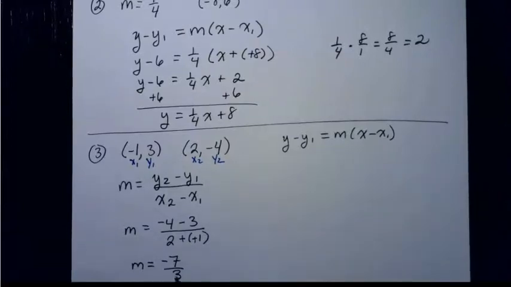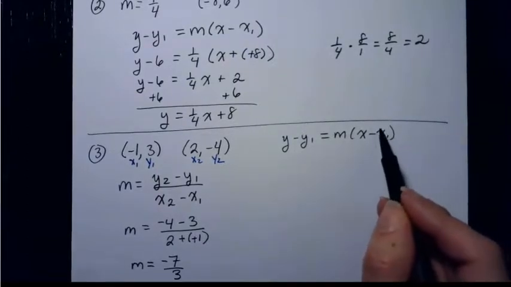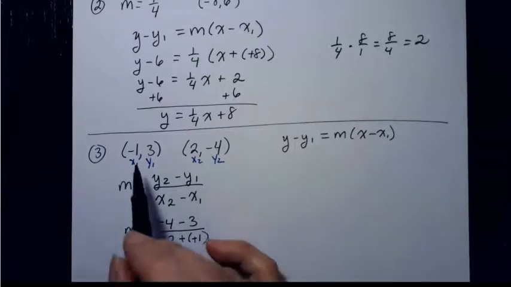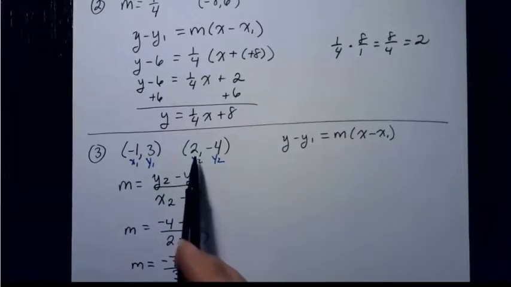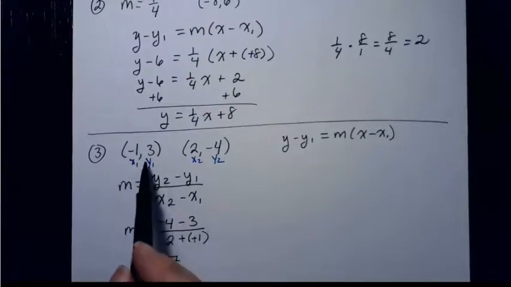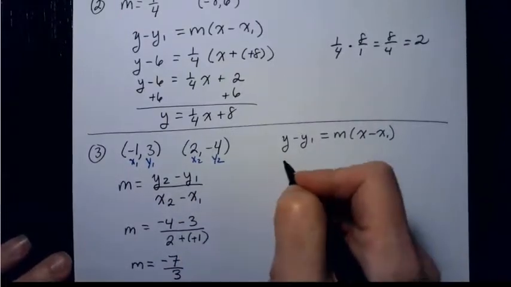Now my slope has a denominator of 3, so the only thing I might have to worry about, because that slope is going to multiply in here, is that if I had a point with an x coordinate divisible by 3, it might be beneficial to choose that one to make my work with fractions a little easier. But here, neither of my x coordinates is divisible by 3, so I have to deal with it anyway. So I'm just going to stick with my x1, y1 that I've labeled, and use that same x1, y1 here. It doesn't matter which point you pick.